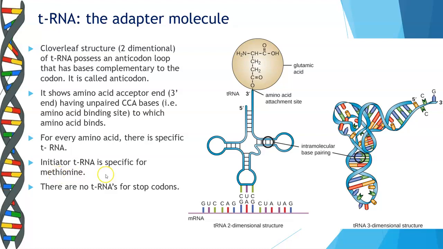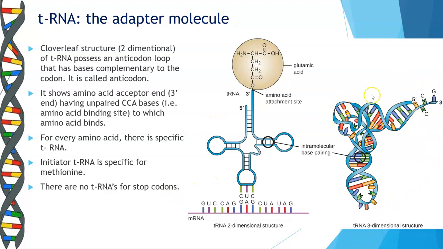So when you have your protein chain synthesis, the first amino acid that comes is always methionine. There are no tRNAs for stop codons. Stop codons do not have any tRNAs because they don't code for any amino acid, and that's how a stop codon stops the process of amino acid chain synthesis. That process is also called termination.